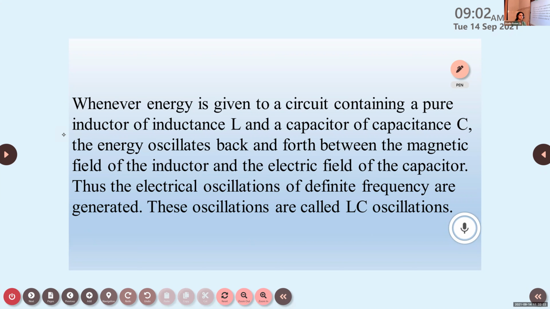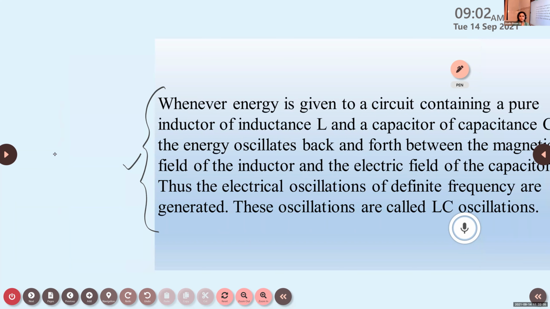Thus, electrical oscillations of definite frequencies are generated. These oscillations are called LC oscillations. So this explains the entire phenomenon that takes place inside the LC oscillator. In simpler words, it is the back and forth oscillation of energy and charges between the inductor and capacitor. This oscillation is known as LC oscillations.